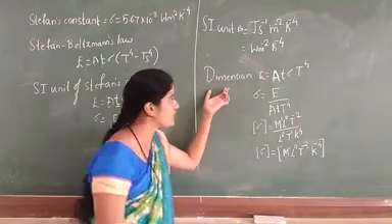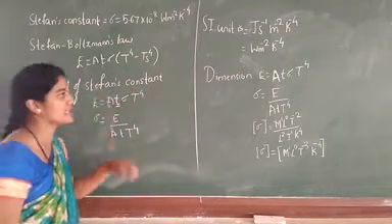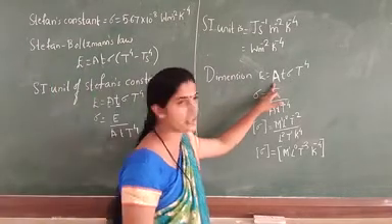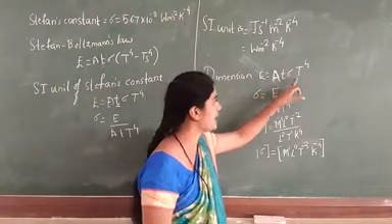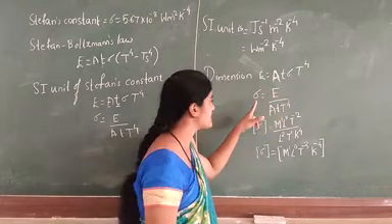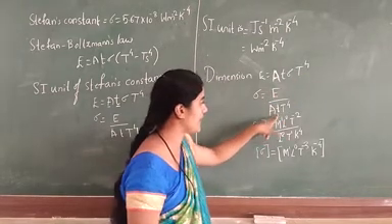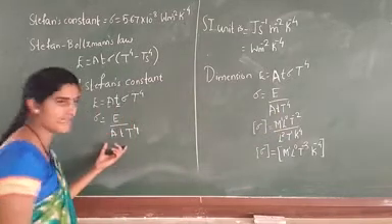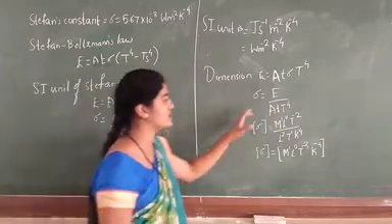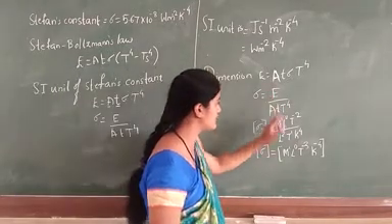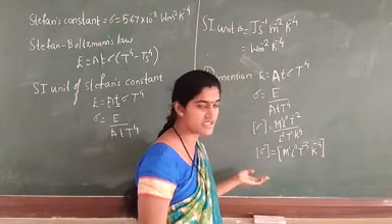Next, the dimensional formula for the Stefan constant. First we have taken the formula E is equal to A t sigma T raised to 4. Next, sigma is equal to E divided by A t T raised to 4. By putting in the values of all these, we find the dimensional formula.